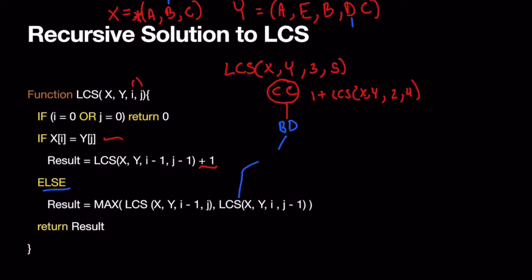So this one will remain B for x, and for y we will be at B. Okay, those are equal. So then we subtract 1 from both indexes and we get A and E. We will go to the left, A for x and A for y.